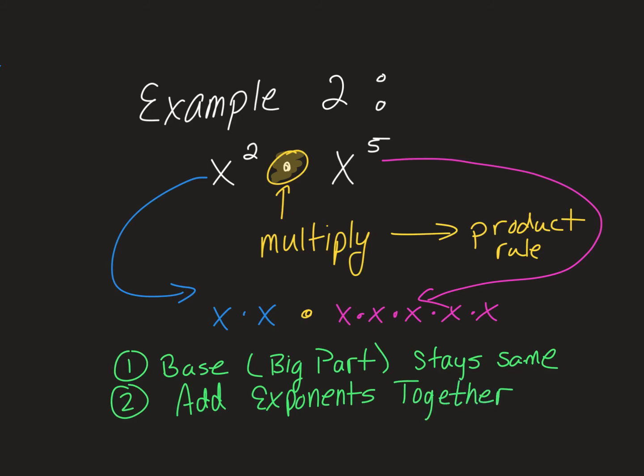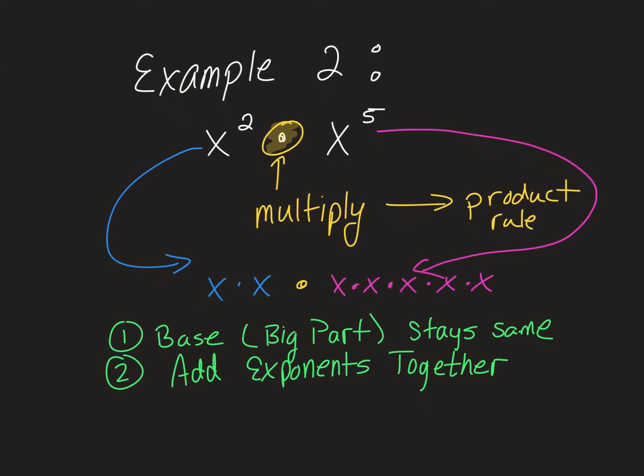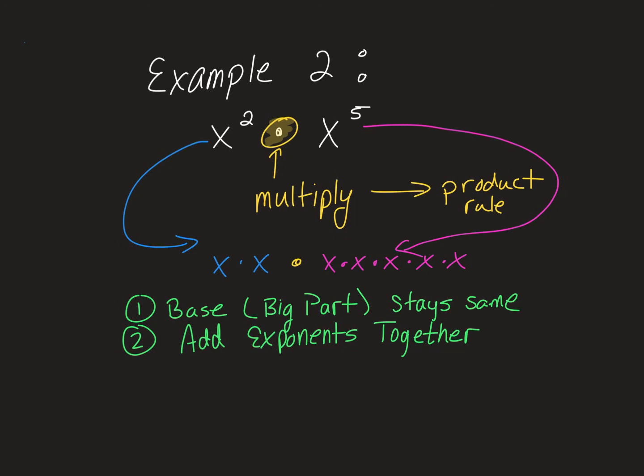So what the problem is asking me to do is, if I were to say kind of out loud what this problem means, it says, all right, I'm multiplying 2 x's and I'm multiplying 5 x's. I'm going to put this all together in one big multiplication problem. So how many x's am I actually multiplying together? So step 1, the base is going to stay the same.